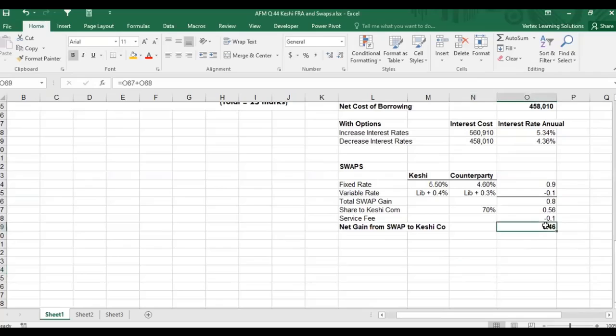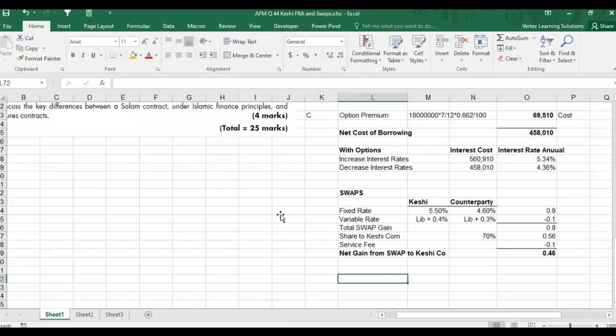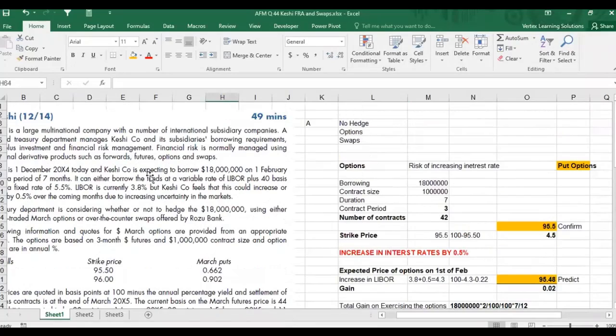Now this 0.46, we can actually use. Their fixed rate was 5.5.